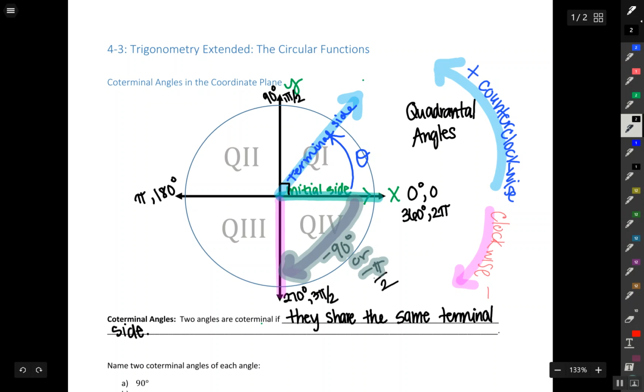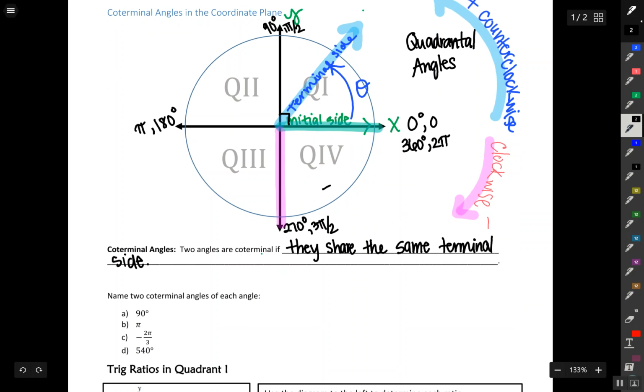Let me point something out about this negative 90 degrees before I move on. If you take 270 degrees and instead of adding 360, you subtract 360, you would get negative 90. So there's still a 360 involved.